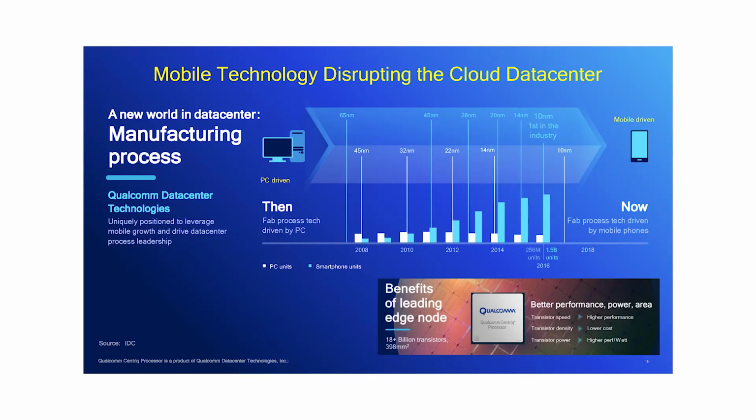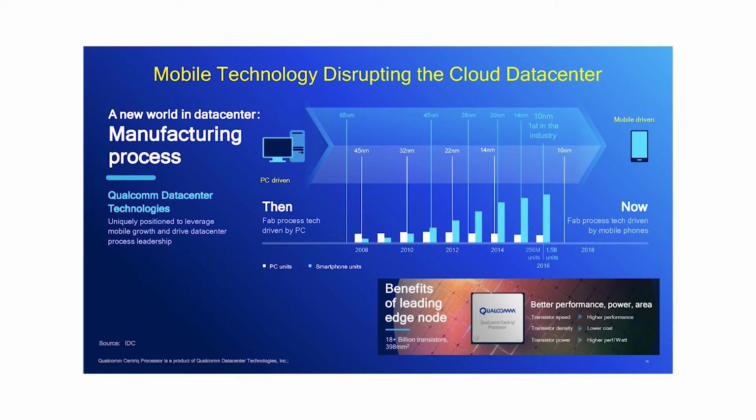So let's talk about how things are changing. I spent 12 years of my life at Intel, and we drove the new process technology. And it was driven by the fact that we had a large volume of PC processors that we were building, which justified the investment in the next new node.